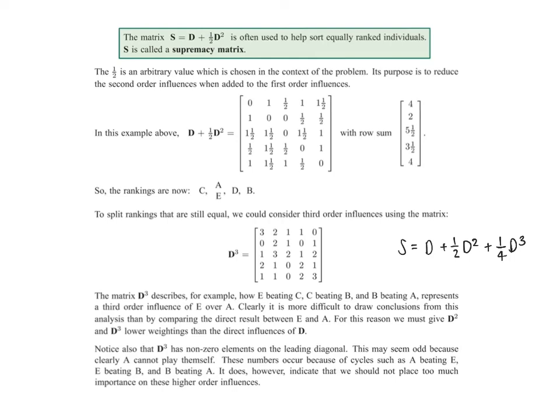In this example, when we get to D cubed, you'll notice that the leading diagonal has no 0 elements. We know that A cannot play themselves, but this is happening because of the cycle appearance. A is beating E is beating A, and therefore B is beating A. So we shouldn't place too much importance on these higher order influences, which is why we would add a quarter to it.